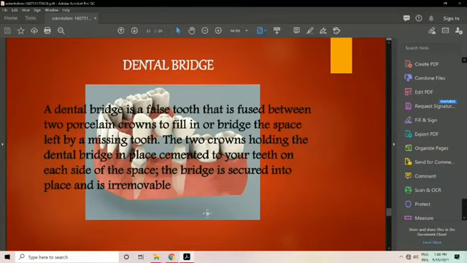Dental bridge, as I told, this is a fixed dental treatment option. A dental bridge is a false tooth that is fused between 2 porcelain crowns to fill in or bridge the space left by missing teeth. The 2 crowns holding the dental bridge in place are cemented to your teeth on each side of the space. The bridge is secured into place and is irremovable. That means the patient cannot remove it on their own.